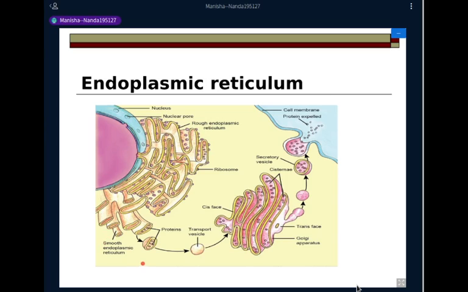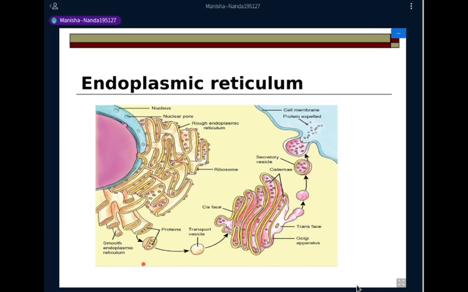Now, towards the trans side, you'll see that all the proteins that have been synthesized by the ribosomes present on the rough endoplasmic reticulum enter into the ER and move to the medial and then the trans phase, from where they will again move to the Golgi apparatus for final modifications, right? So you'll always see that those proteins will get packaged in small membrane-bound vesicles that are going to arise from the trans ER network.